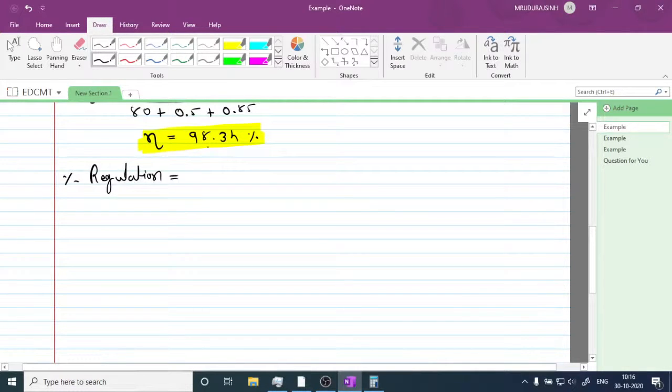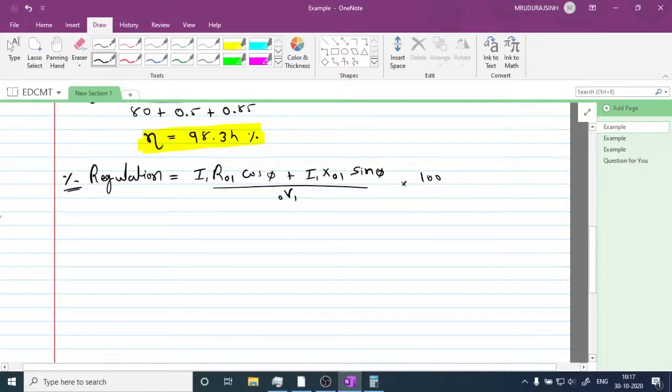So now the efficiency is known to us, and the next thing we need to find is voltage regulation. So ultimately we need to find percentage regulation. What is the equation of percentage regulation of a transformer? The equation for the percentage regulation when the power factor is lagging is (I1 R01 cos phi plus I1 X01 sin phi) divided by 0V1, that means no load voltage, multiplied by 100 because we need to calculate this in percentage, right?